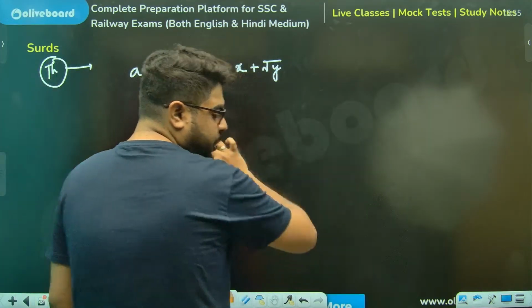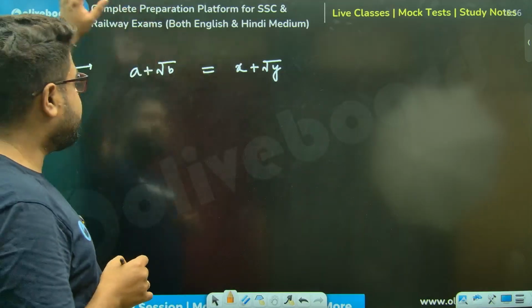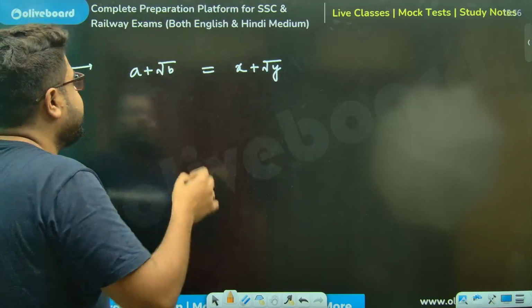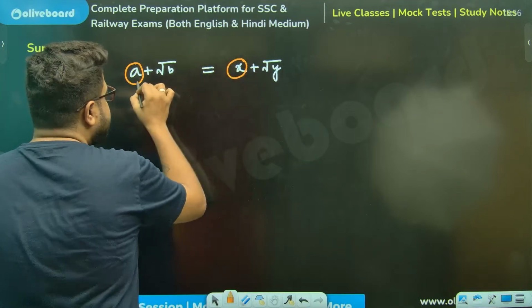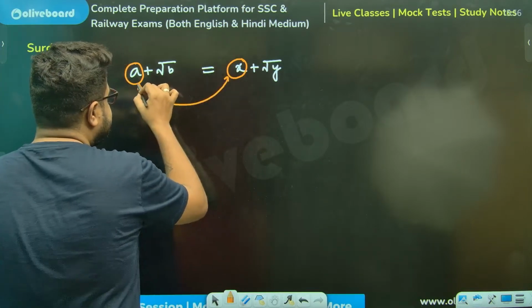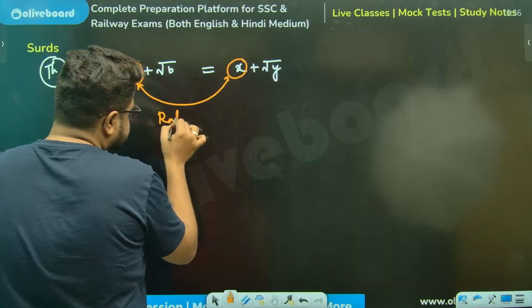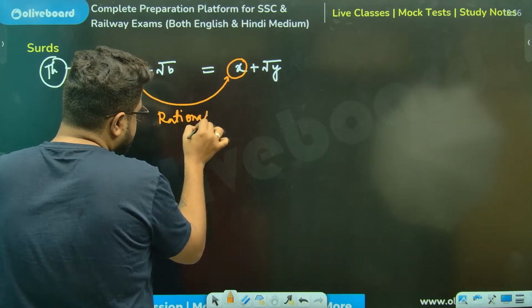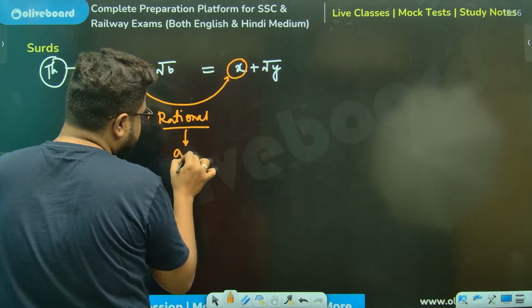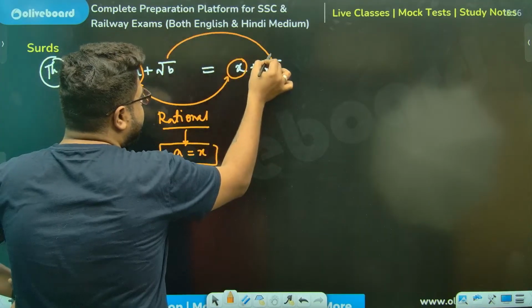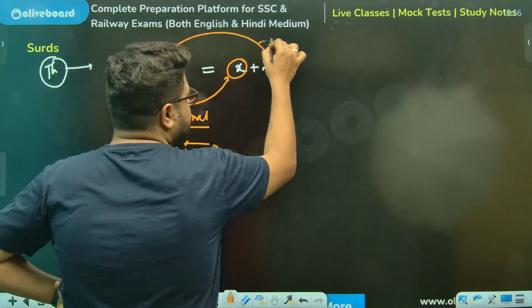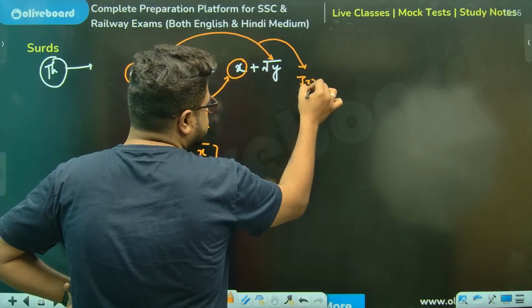The most important theorem says the rational parts of these two surds must be equal, meaning A should be equal to X. And the irrational parts also must be equal.